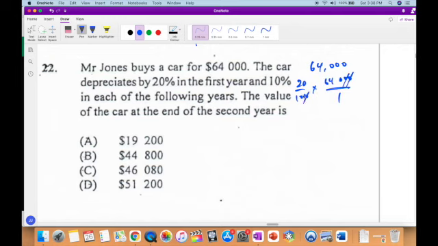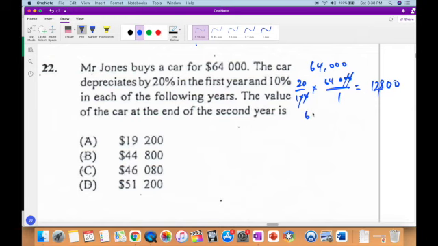That is essentially 64 times 2, which is 128, and then we add the 2 zeros. So that car depreciates by $12,800 after the first year.